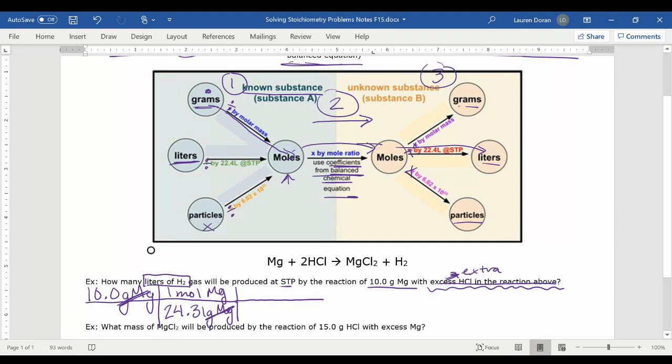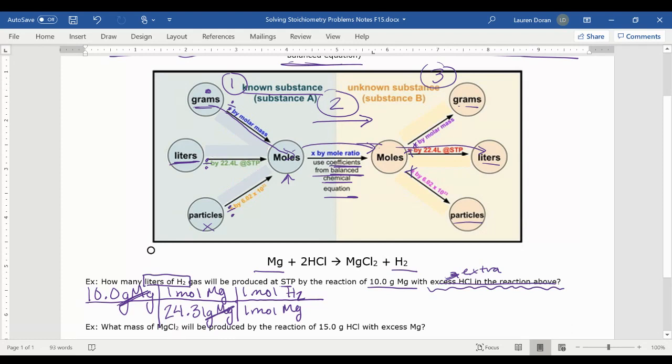Moving to step two, I now am going to use the mole to mole ratio. Magnesium is here, H2 is here. So 1 mole of magnesium is going to go on the bottom, and 1 mole of H2 is going to go on the top. Where did those numbers come from? Well, when there's no number out in front of a substance in a chemical equation, we assume that that's a 1, right?